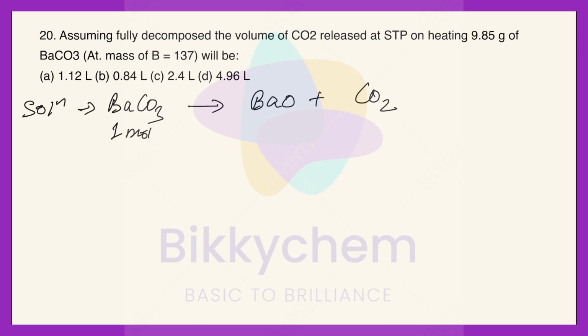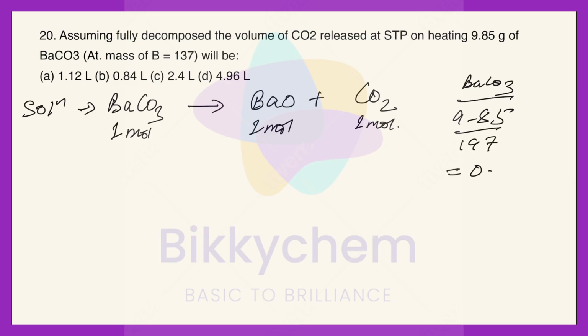One mole of BaCO3 gives 1 mole of BaO and 1 mole of carbon dioxide. So if I convert that into moles, BaCO3, 9.85 given weight by molar mass, which is 197, equals 0.05 mole.